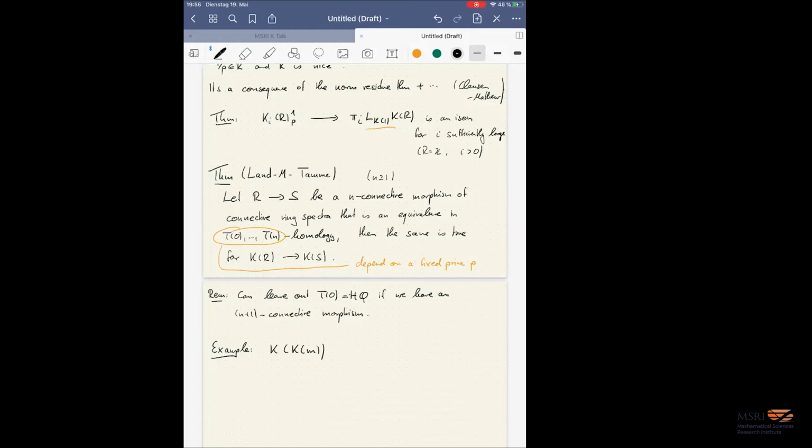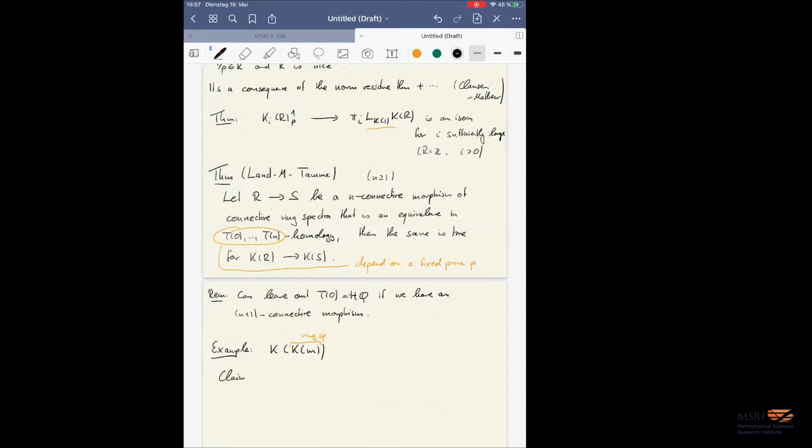It turns out that Morava K-theory is an A-infinity ring spectrum, so this is good. And say we want to apply the theorem I just phrased to this.